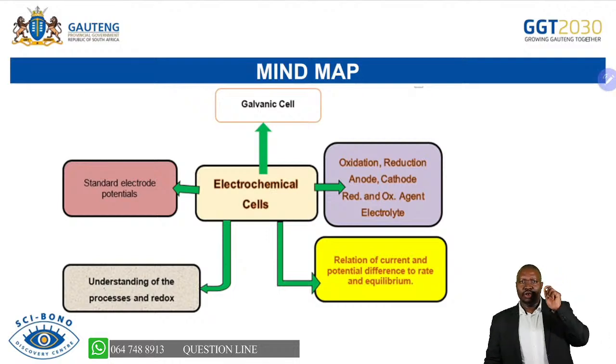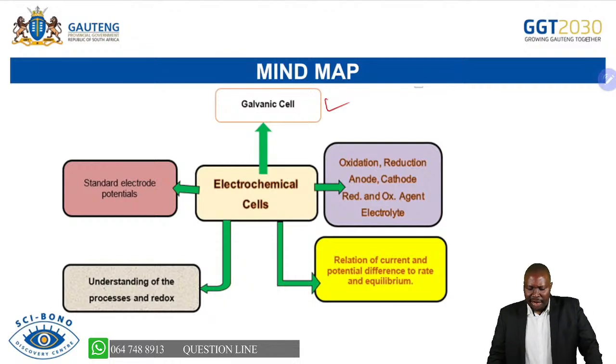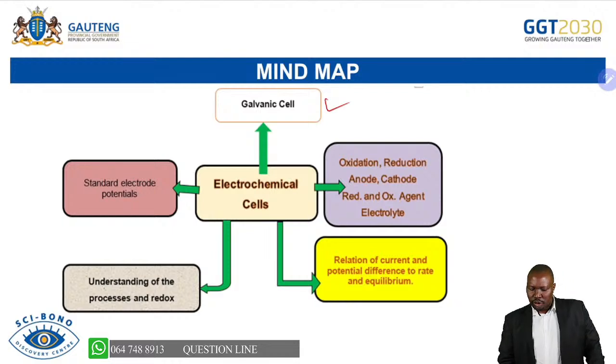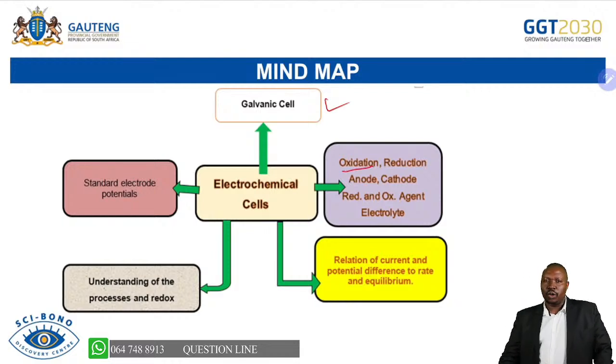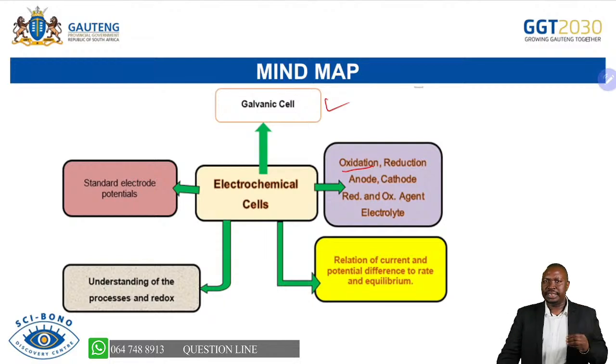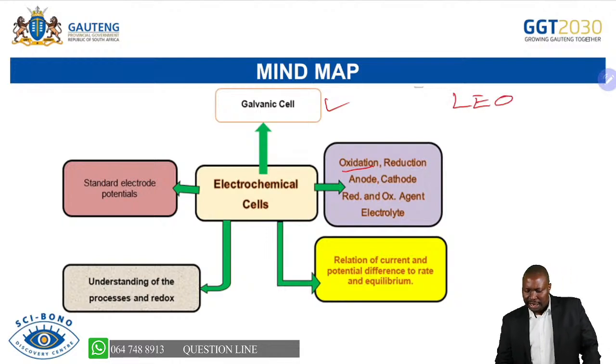I just made a small mind map to show the focus in terms of grade 12. Remember we're talking about question 8 at the end of the year, which is your galvanic cell, and question 9, which is your electrolytic cell. For the galvanic cell, the things you must know are those I talked to you about. You must know what oxidation is, which is loss of electrons. Please remember that at all times.